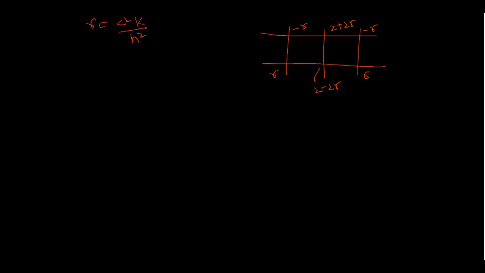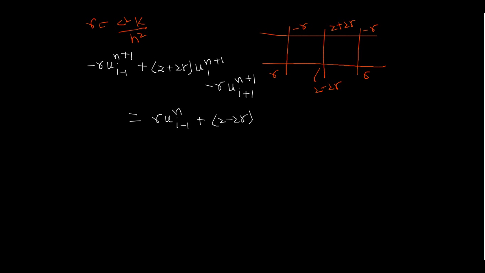Okay, so it is minus r u_{i-1}^{n+1} plus (2 plus 2r) u_i^{n+1} minus r u_{i+1}^{n+1} equals r u_{i-1}^n plus (2 minus 2r) u_i^n plus r u_{i+1}^n.